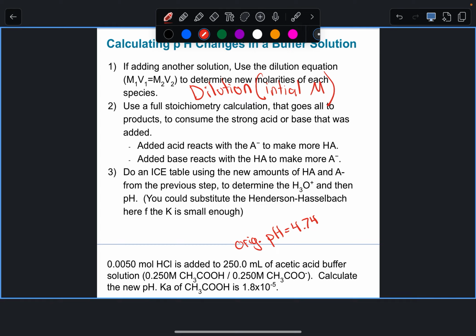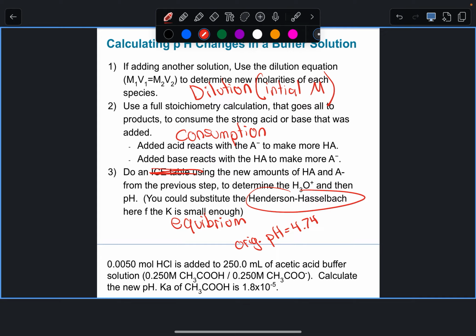And then the second step is going to be what I call the consumption step, which is where we consume or use up all of the strong acid or all of the strong base. And then the last step is going to be the equilibrium step. And like I just said, we're not going to use the ice table. We're only going to have the Henderson-Hasselbalch equation there.